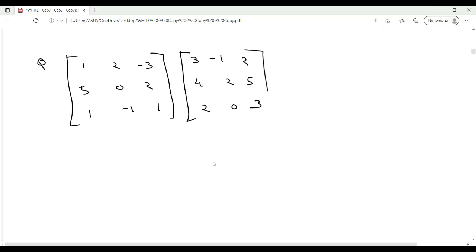Okay, we have to multiply this matrix, and let's do it quickly. So we will multiply this row with this column.